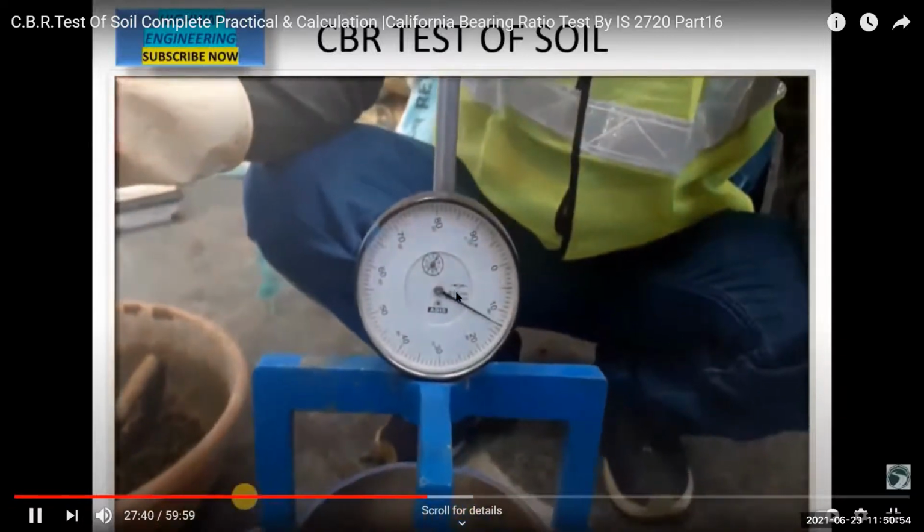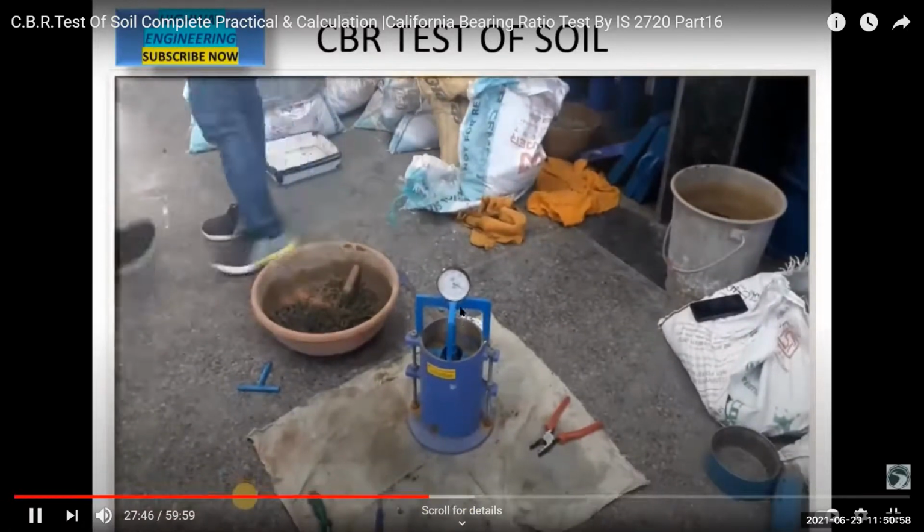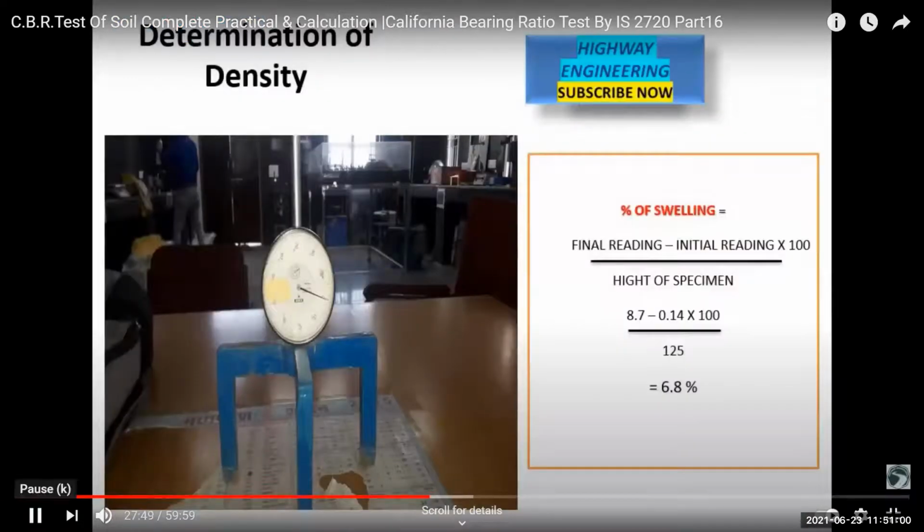Here we see the reading gauge is in between 10 to 20. So basically percentage of swelling is equal to final reading minus initial reading into 100 by height of specimen. Here final reading is 8.7 minus initial reading is 0.14.